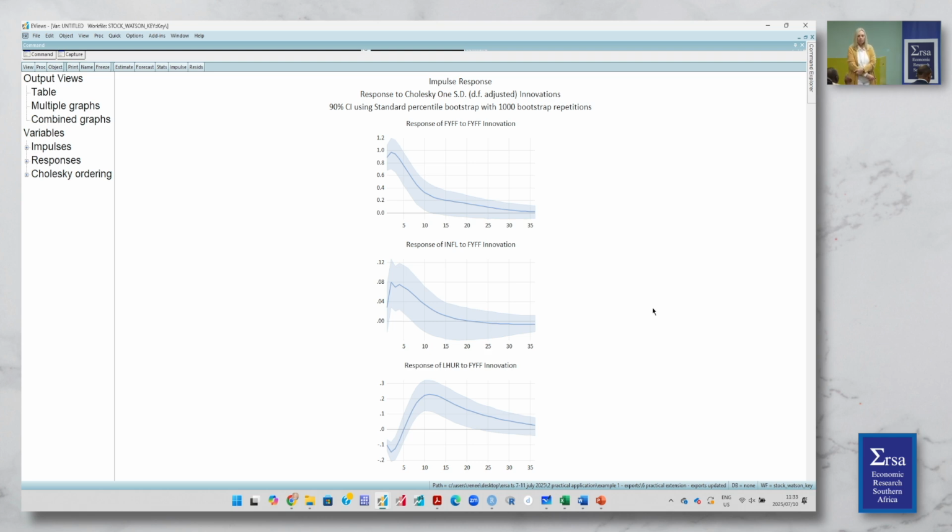Can you come again on the significance? Yeah. The impact is technically significant as long as you see that the lower or the upper confidence interval does not cross the 0 line. Up to that point, we interpret that as a significant impact.